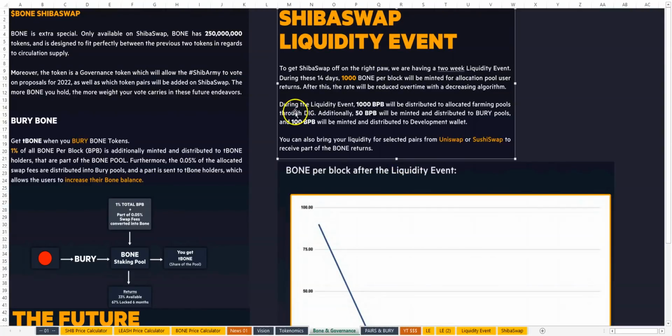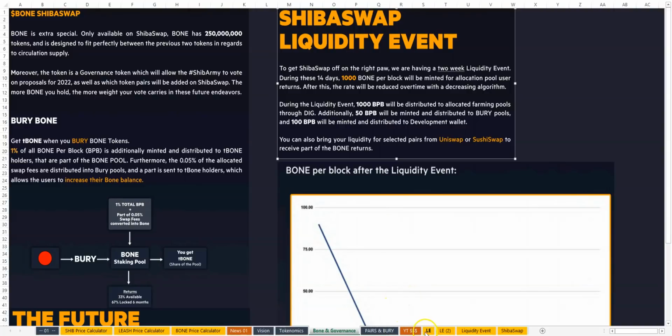And then it goes on to say that during the liquidity event, 1,000 bones per block will be distributed to farming pools. 50 bones per block are going to be distributed to burying pools, and 100 bones per block will be given to the development wallet. Don't you worry, I'll explain all of that pretty much right now.